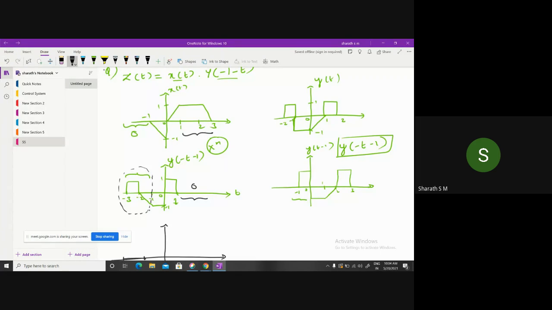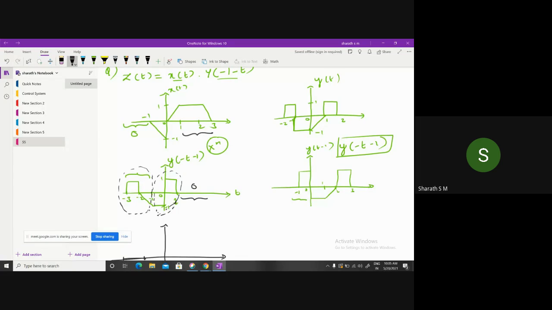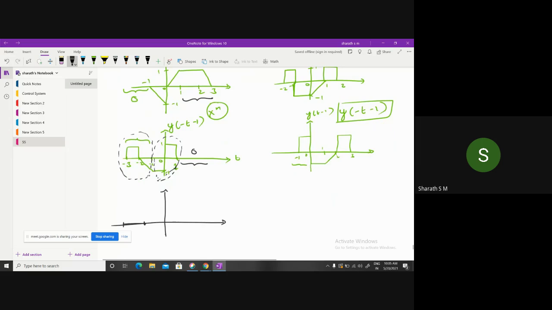So the actual signal we are left with is from -1 to +1. That is what we need to conclude here: the final signal ranges from -1 to 1.